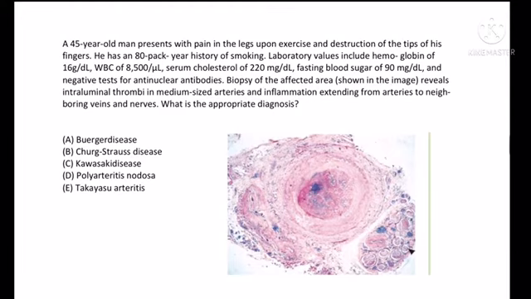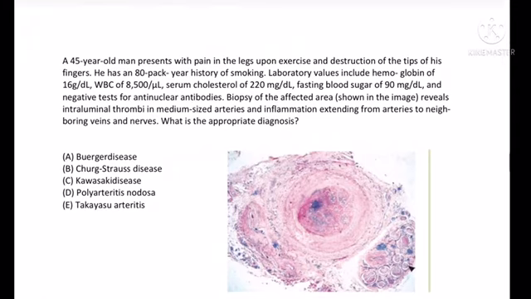And the destruction of the tip means that there is necrosis and ischemia because of the vascular problem. The important thing to take into account is the 80-year history of smoking, so this condition has some relation with smoking.